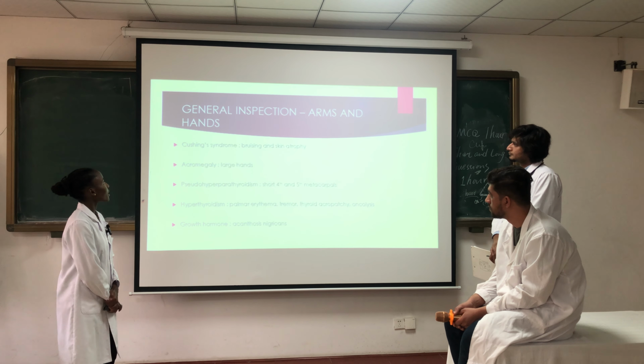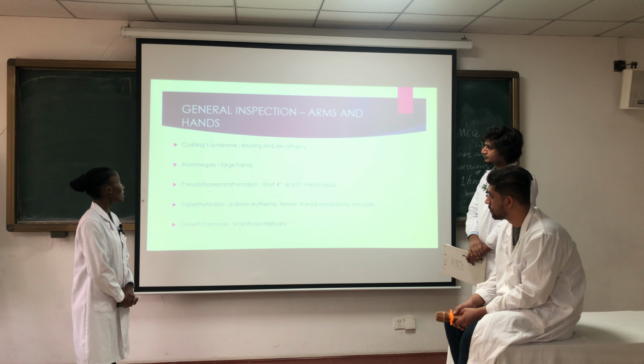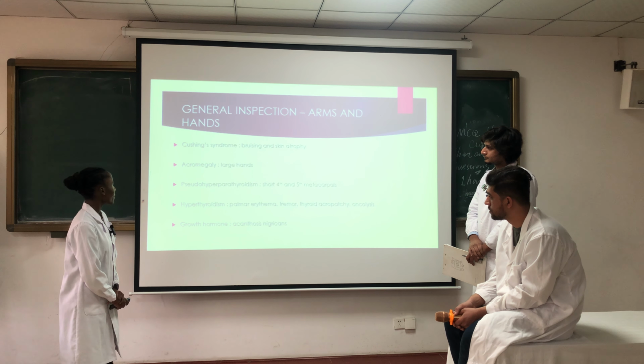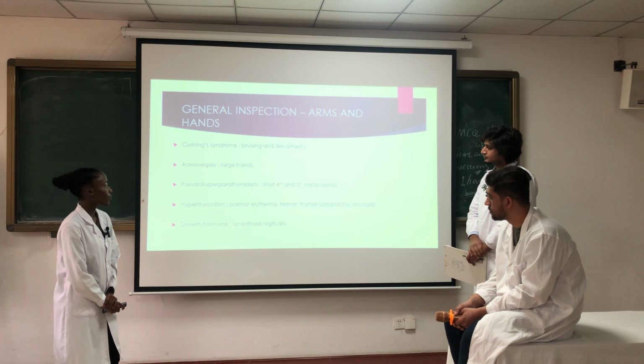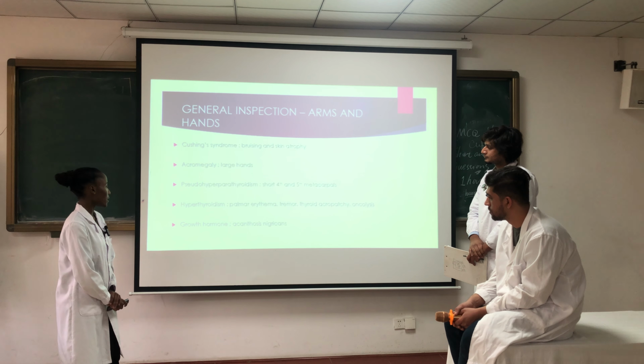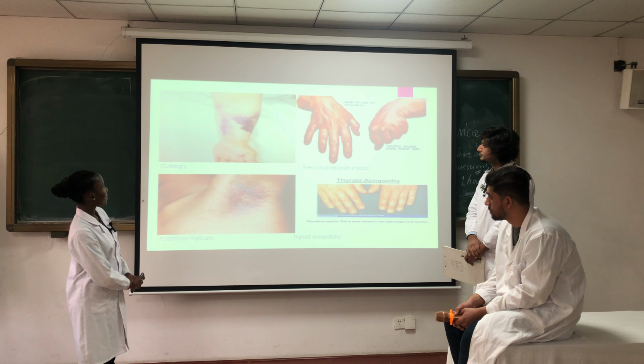General inspection of arms and hands: Cushing syndrome, bruising and skin atrophy; acromegaly, large hands; pseudohypoparathyroidism, short fourth and fifth metacarpals; hyperthyroidism, tremor, thyroid acropachy, onycholysis; growth hormone excess, acanthosis nigricans. These are examples.